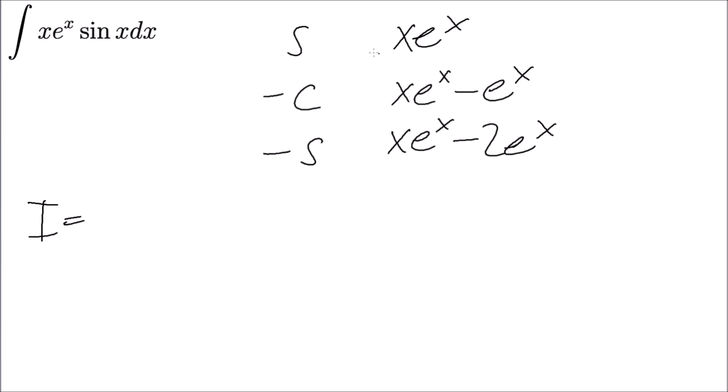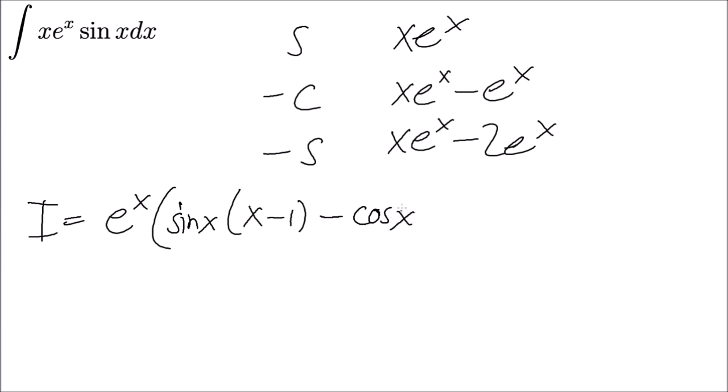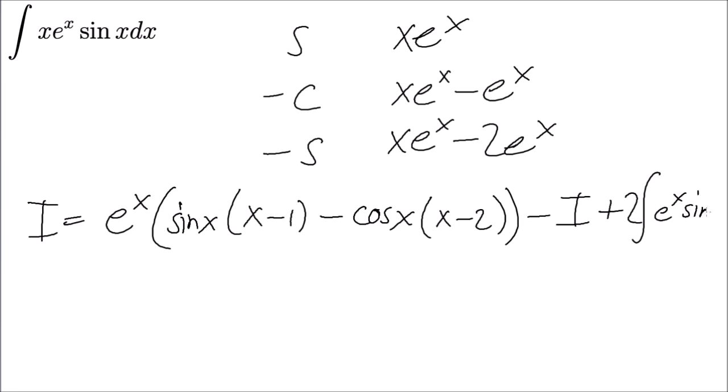Okay. So I have e to the x, I have sine of x minus 1 minus cosine of x minus 2, right? And then you do the integral. This is minus I plus the integral of 2e to the x sine of x, which you should memorize.